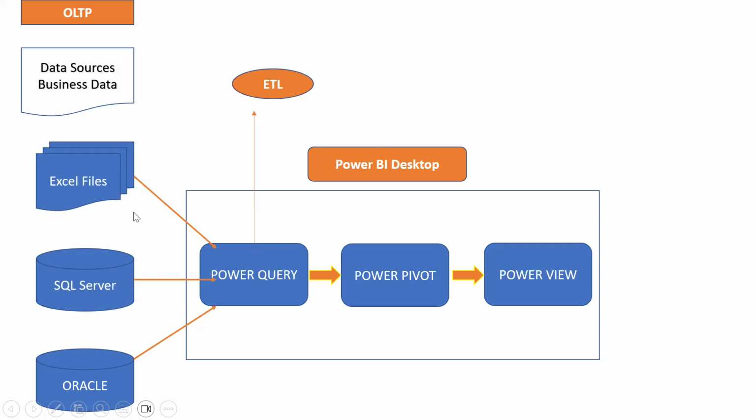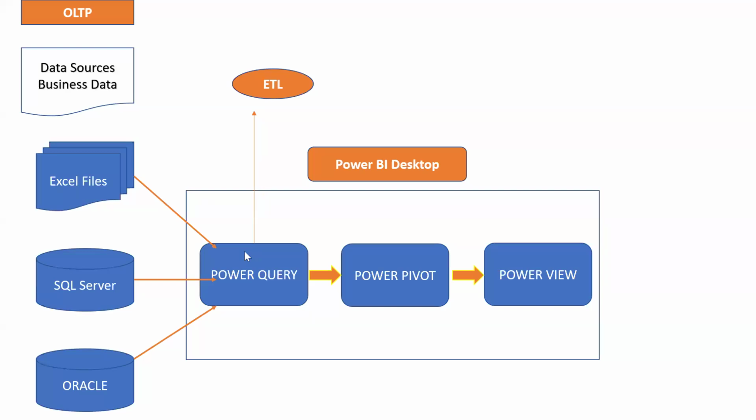Once the data is extracted, ETL means extraction of data, then you can transform the data. Transform in the sense, if you want to do some kind of data shaping. For example, I have a column called full name, but in the visualization, you want to show only the first name of the person and what is the sales he has done, but we do not have a column called first name.